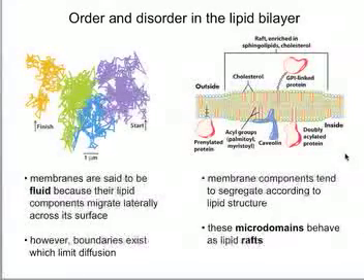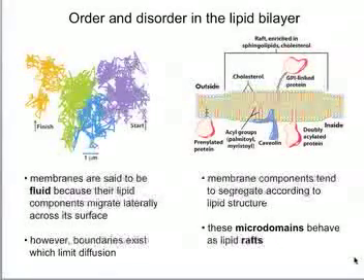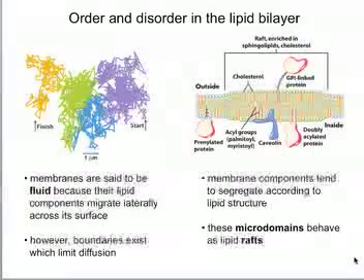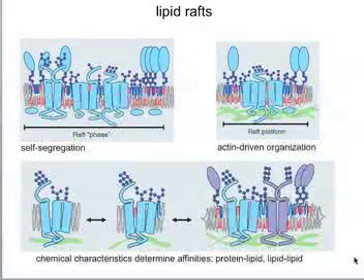So in any case, what we see is that membrane components segregate into microdomains, and these microdomains behave as lipid rafts. That is to say, they are still mobile structures, and they can move around more or less as a unit.